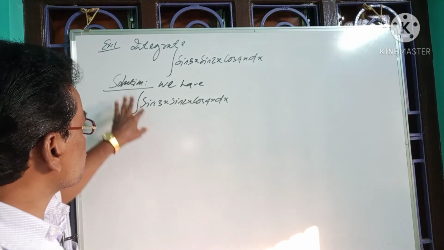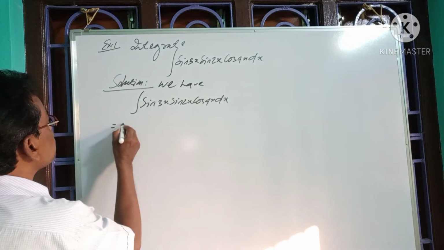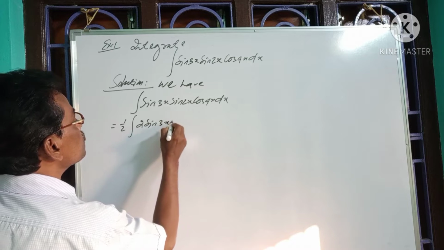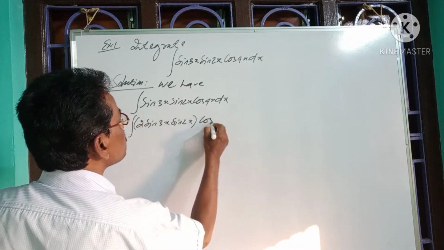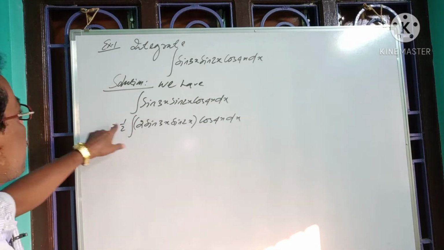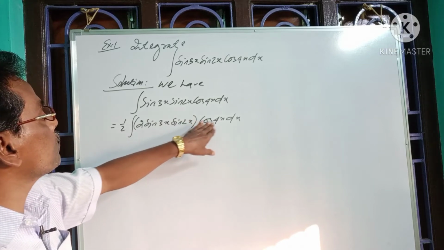So let us multiply by 2 and half, so that we can adjust this way, that is half into 2 sin 3x into sin 2x, then cos of 4x with respect to x. So we multiplied 2 and half, so that we got 2 into sin 3x into sin 2x, then into cos 4x with respect to x.